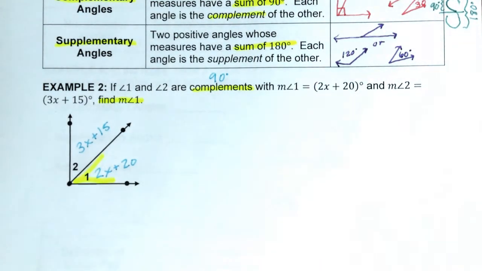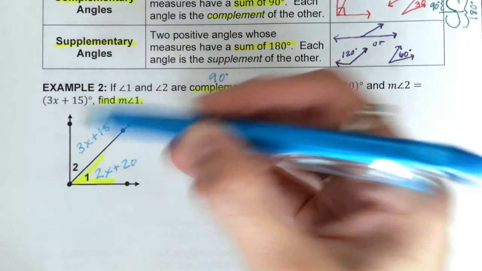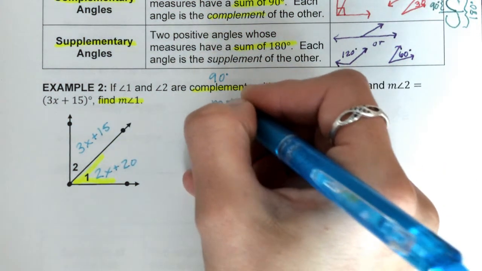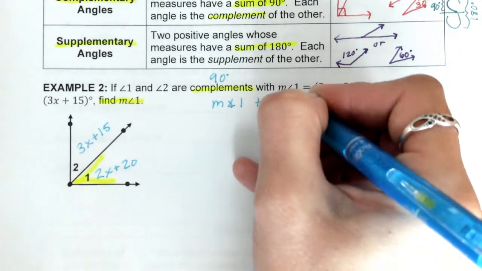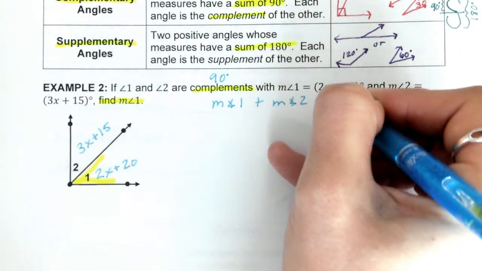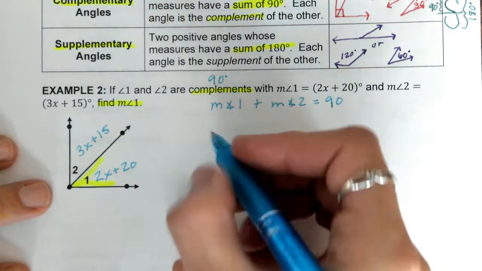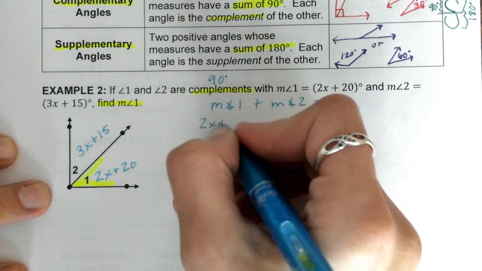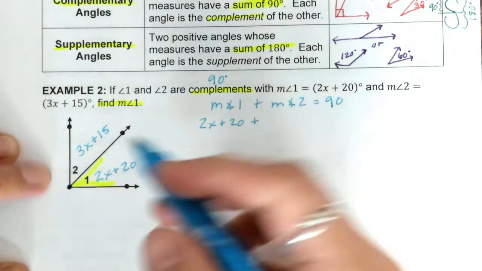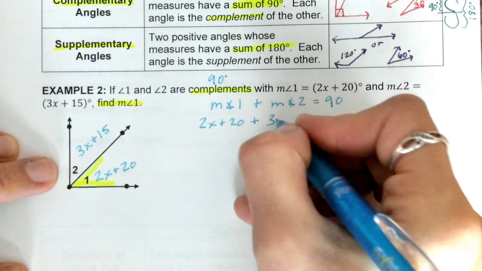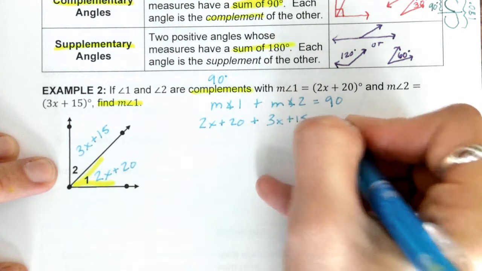Because they add up to 90 degrees, we simply say angle 1 plus angle 2, the measurement of angle 1 plus the measurement of angle 2, is equal to 90 degrees. So we'll substitute in: 2x plus 20 plus 3x plus 15, all equal to 90.